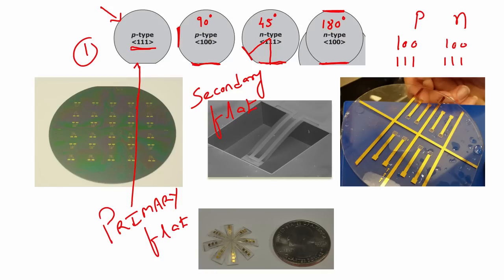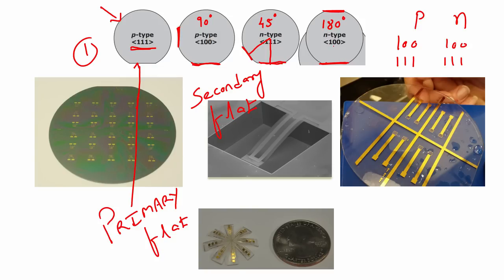That means that if I have a wafer in which the secondary flat is at 90 degree, I have p type 100. If I have a wafer in which there is no secondary flat, I have p type 111. If I have a wafer in which the secondary flat is at 45 degree, I have n type 111.